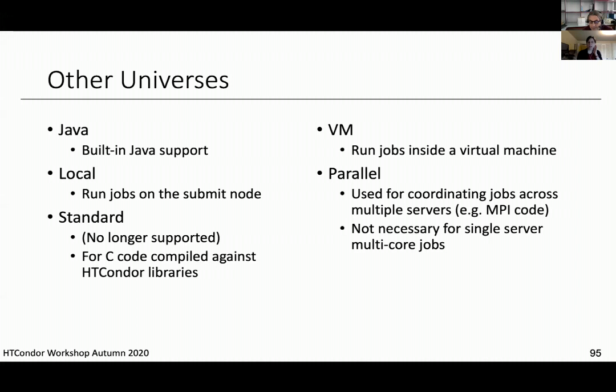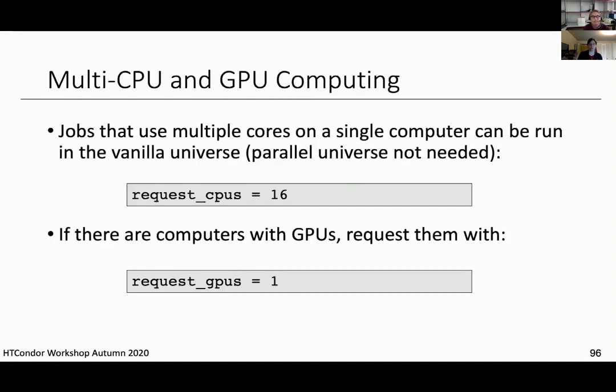So that's that. And then there are various other universes for Java, standard. Condor team can correct me if my statement here is correct, because I don't understand it well, which is no longer supported in newer versions of Condor. Local universe will run jobs on the submit point instead of the execute point. There's a VM universe and parallel universe for multi-machine jobs.